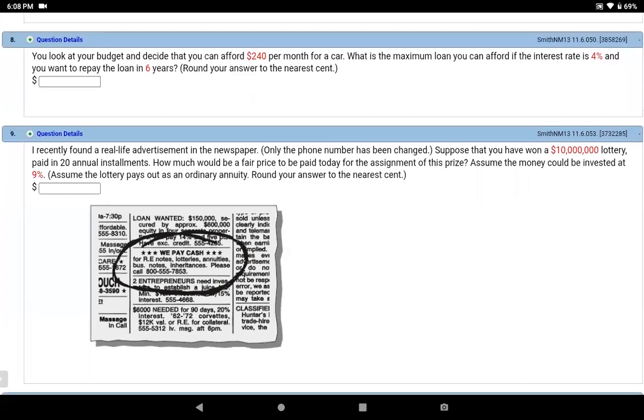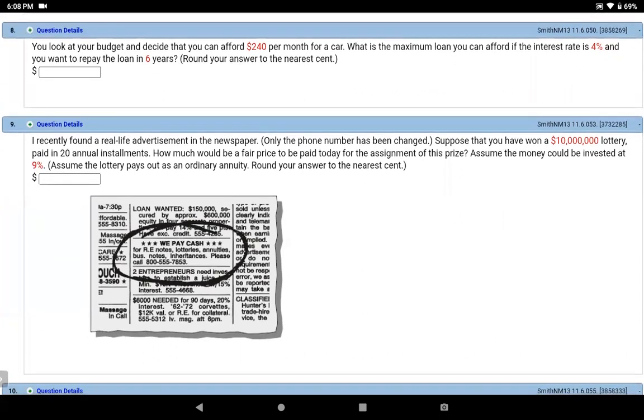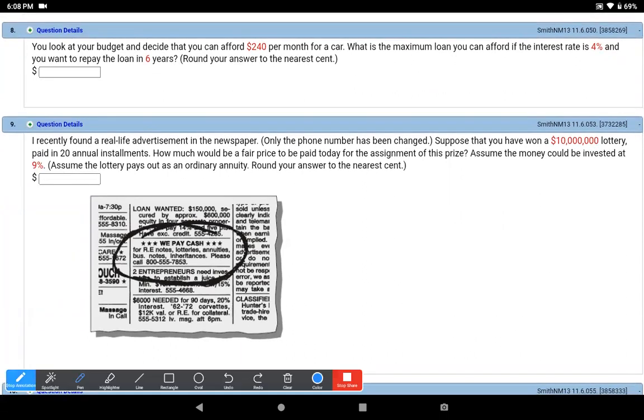Okay, so for number 8, you look at your budget and decide you can afford $240 per month for a car. So that's going to give us, let me bust out the pen. That's going to give us an M of $240. What's the maximum loan you can afford?